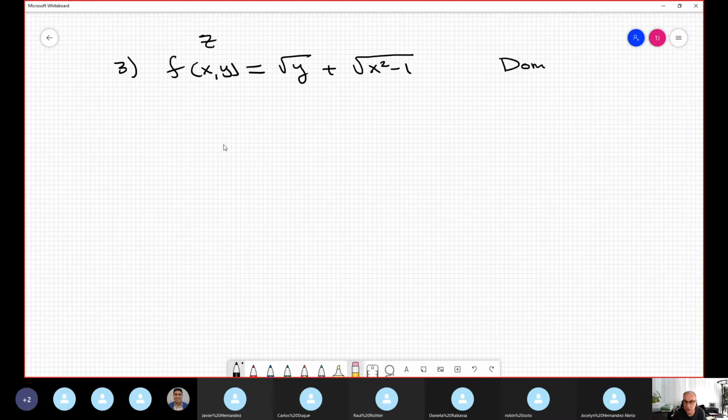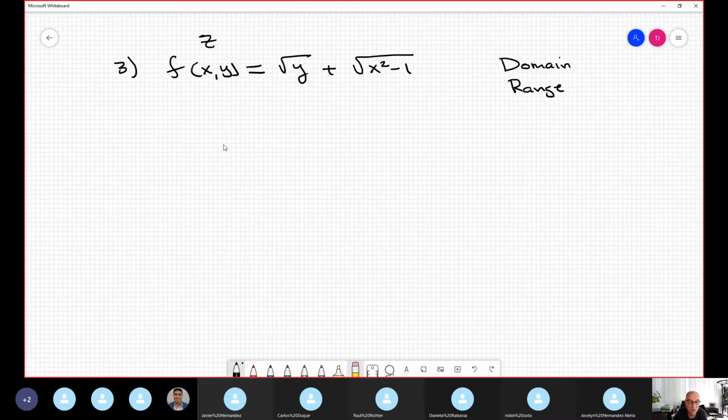And why not the range also? Domain and range. Graphically, and what they want is set notation. Well, okay, or interval notation, either way. Let's do it any way.